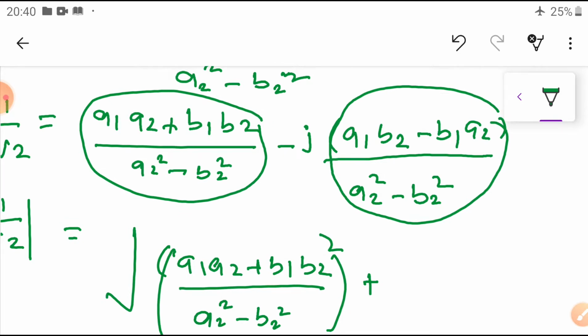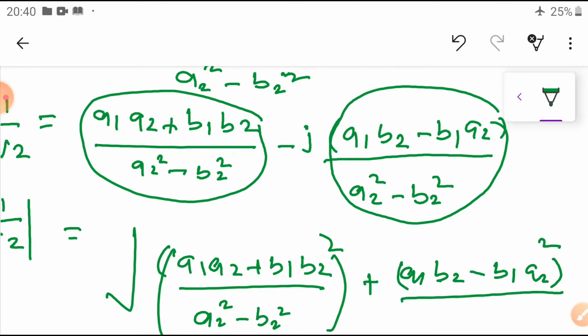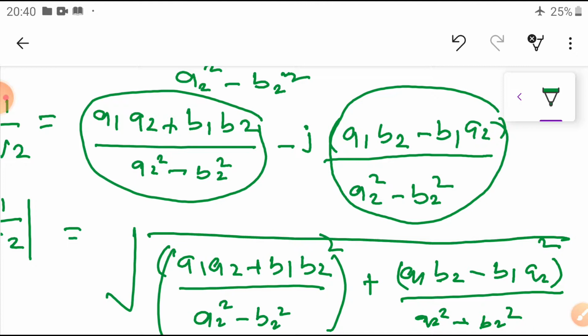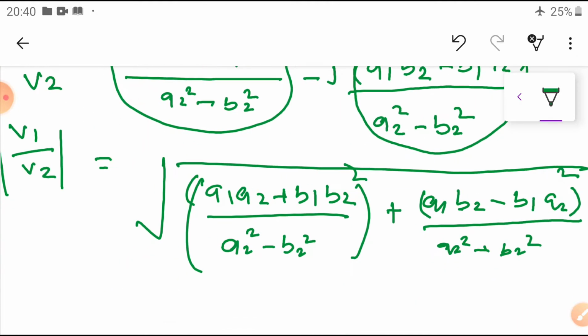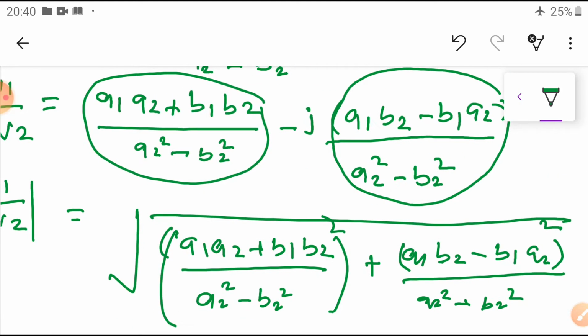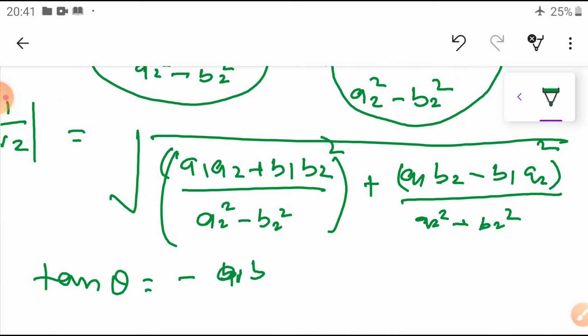That is A1 B2 minus B1 A2 whole square, divided by A2 whole square minus B2 whole square, under square root. For the angle, tan inverse, we take the minus value: tan theta is equal to minus of A1 B2 minus B1 A2.